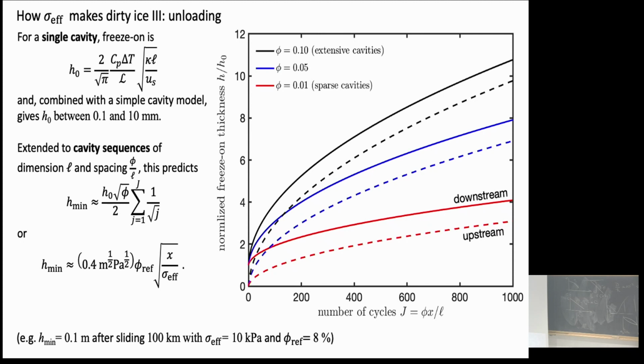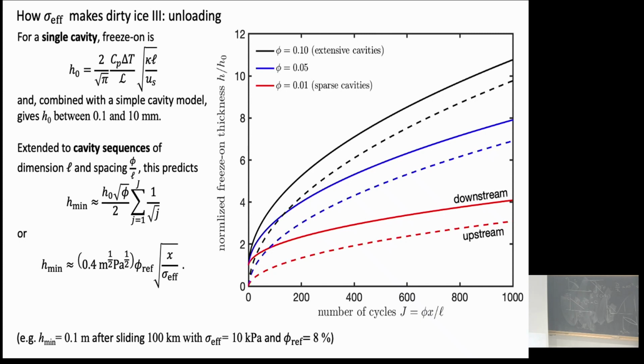And it depends upon the Peclet number as well. That's the square root of it, I suppose. But when you stick this into a model, you predict that the thickness for sliding over a single cavity is in the range of 1/10 of a millimeter to 10 millimeters for typical sorts of conditions.